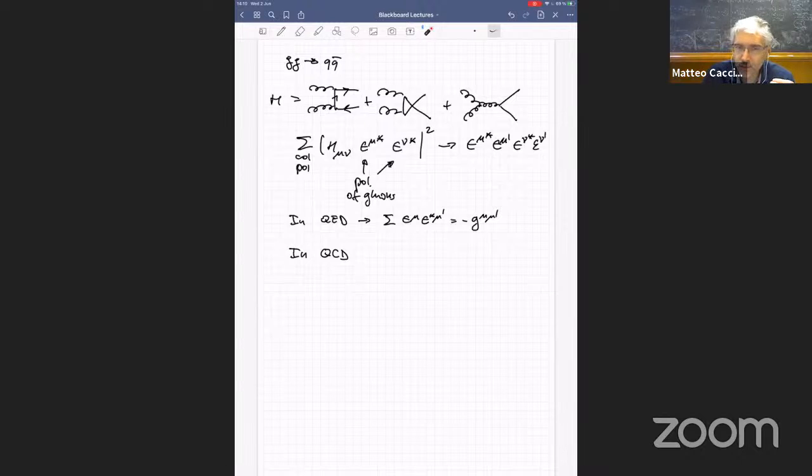So it's not like your calculation explodes because you're using the wrong polarization sum. It's just that it's wrong, and it's wrong because you are including terms that are not physical. So what you instead have to use is the sum over the physical polarizations.